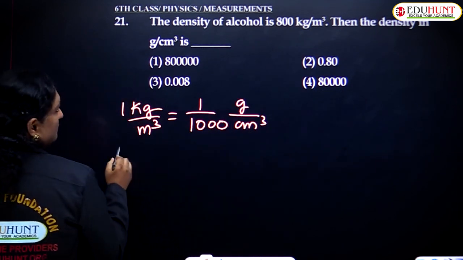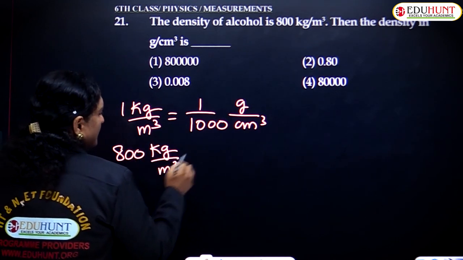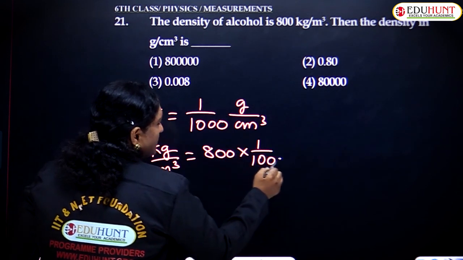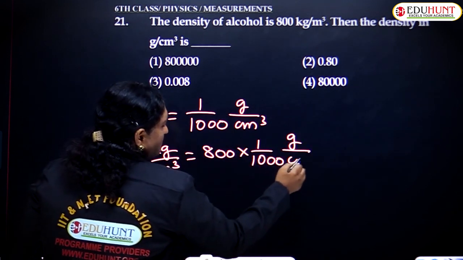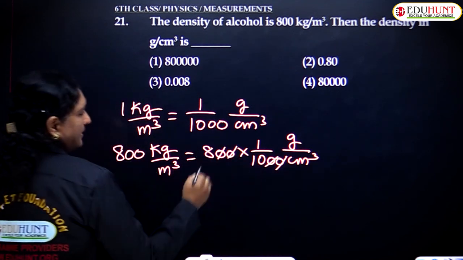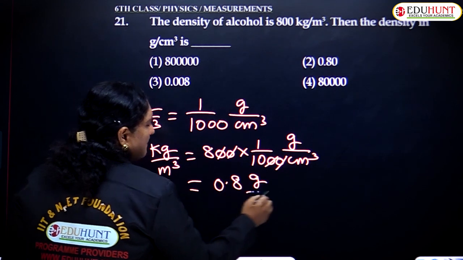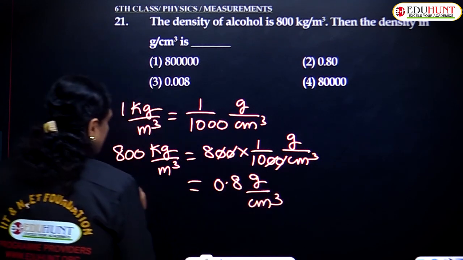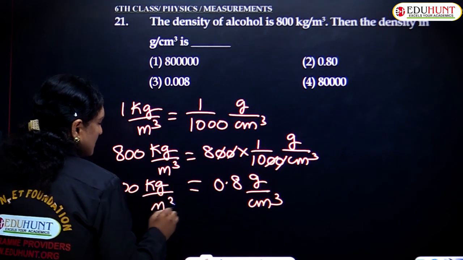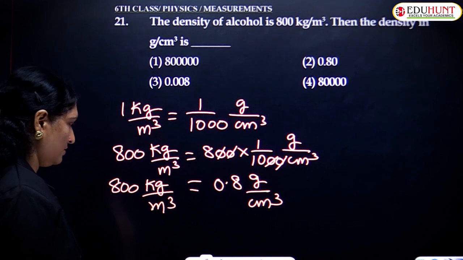If I would like to convert 800 kg per meter cube, then it must be 800 into 1 by 1000 gram per centimeter cube. Again simplify. Then 8 upon 10. How much is that? 8 by 10 is 0.8 gram per centimeter cube. So clearly 800 kg per meter cube is equals to 0.8 gram per centimeter cube.